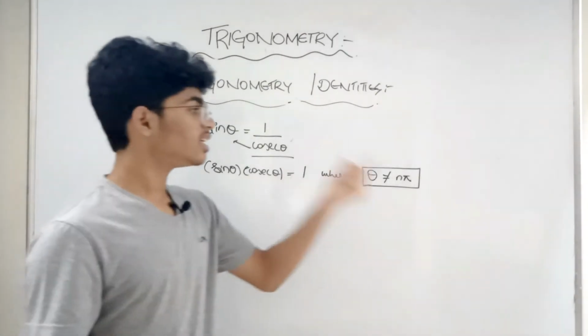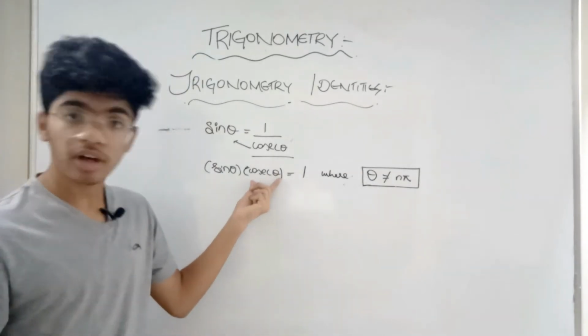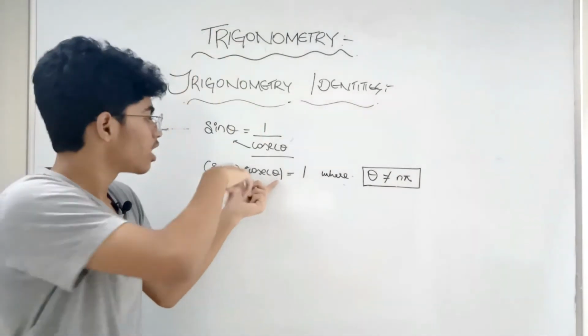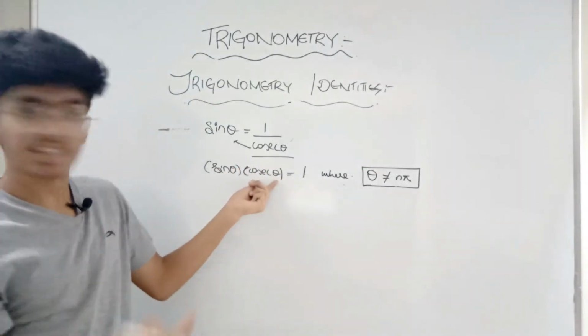If theta equals n pi, then cosecant theta will become not defined. Check in the table, cosecant 180 is not defined.